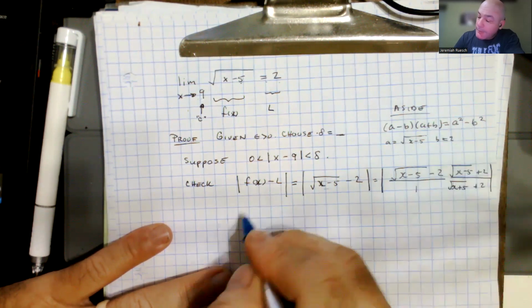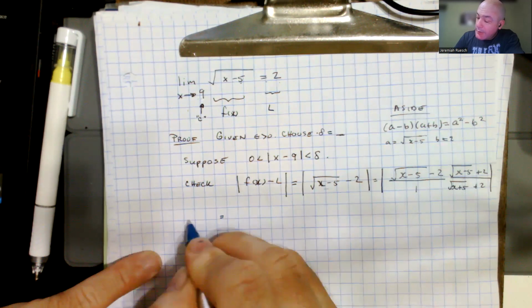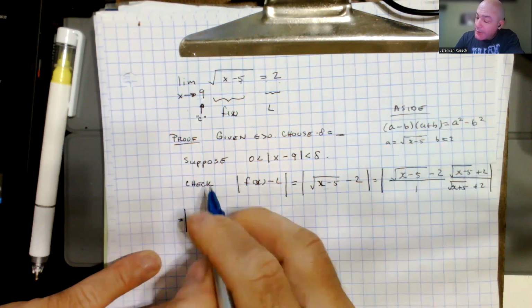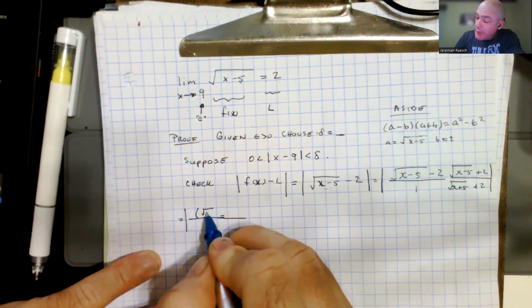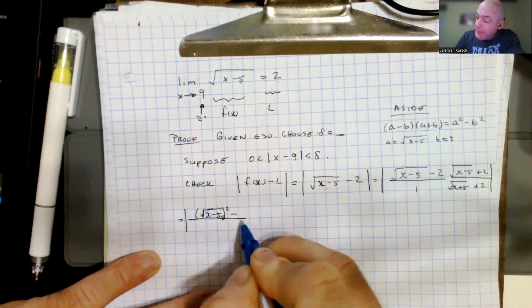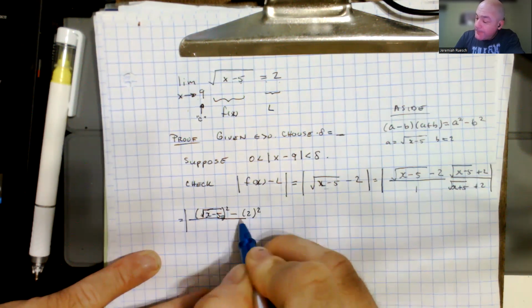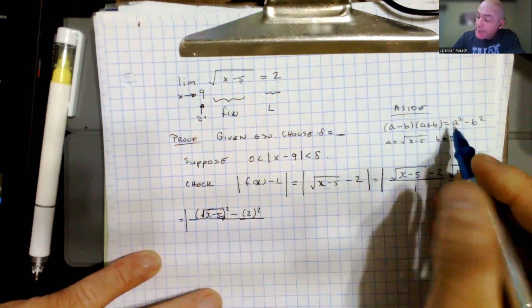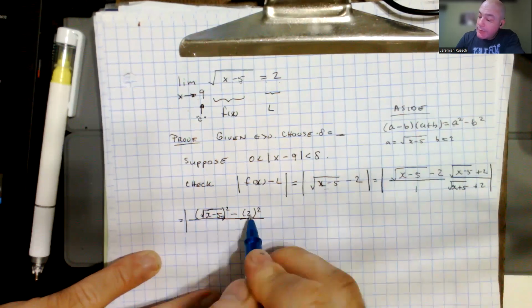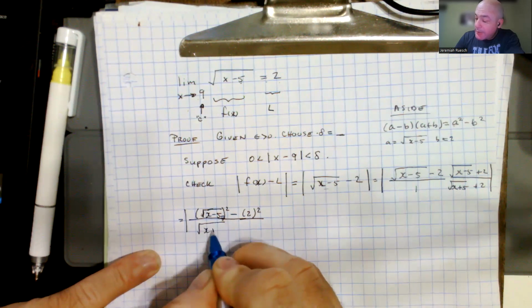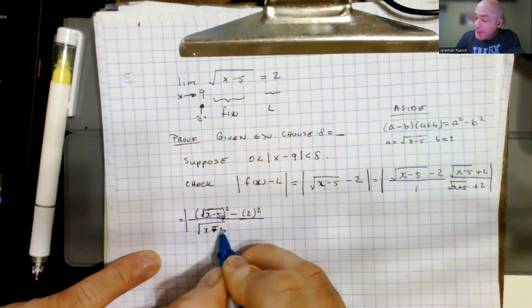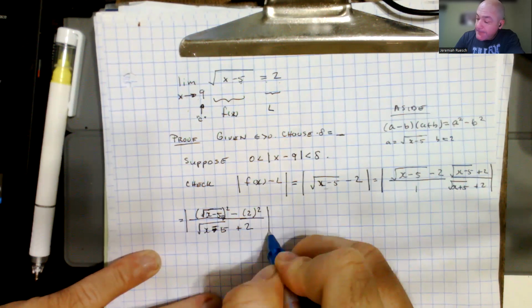So this is equal to the absolute value, and I'll write it out a little bit slower so it's clear where everything's coming from. That's the product of the two things, the a squared and the b squared. And then rewriting the bottom part: the square root of x, what's that plus? That's minus 5, sorry, plus 2.